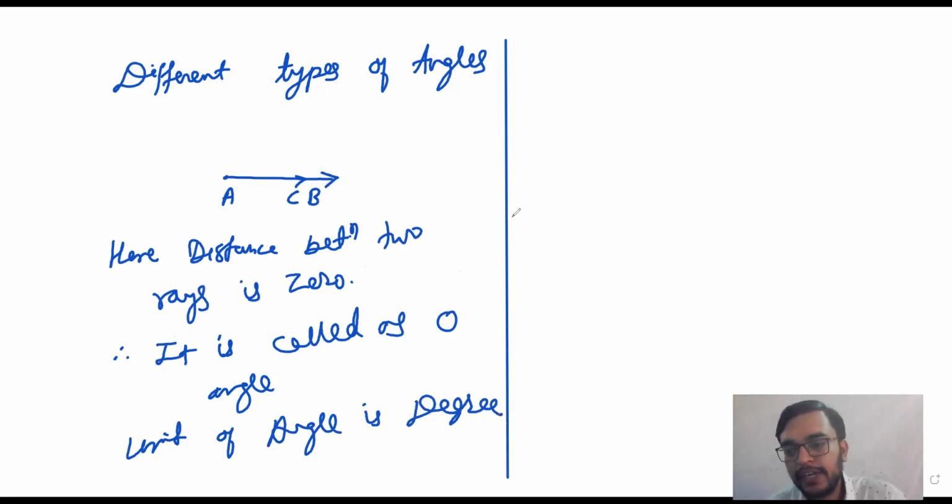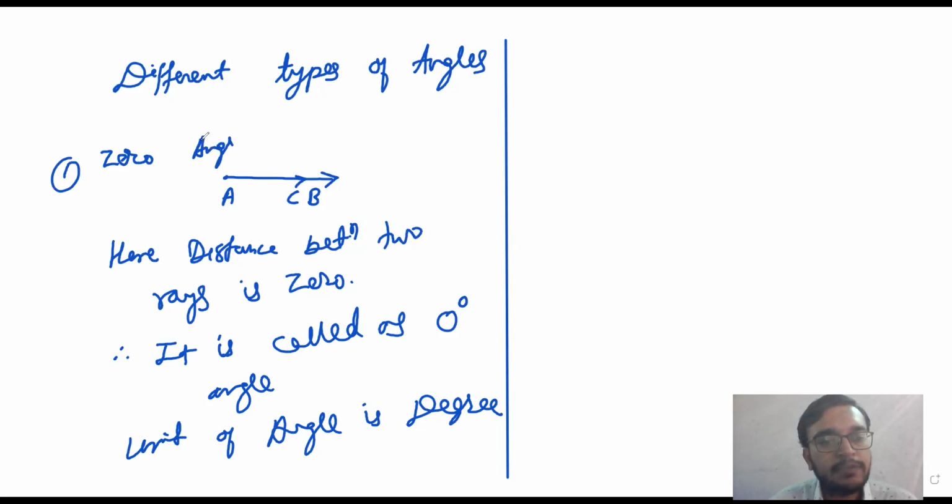Like we measure weight in kilogram, water in liter, similarly the angle is measured in degree, and this is the symbol of degree. The first one is zero angle. What is meant by zero angle? If the distance between two rays is 0, then it is called a zero angle.